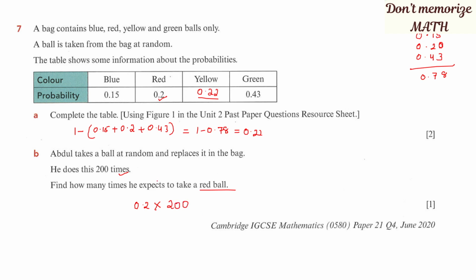So times 200, because he is replacing it, you can directly multiply it by 200. He is keeping the ball back, so you can just multiply it by 200. 200 times 2 is 400, but we have one decimal, so it will become 40. So 40 times we are expecting him to take a red ball. Okay, so that's all about question number 7.